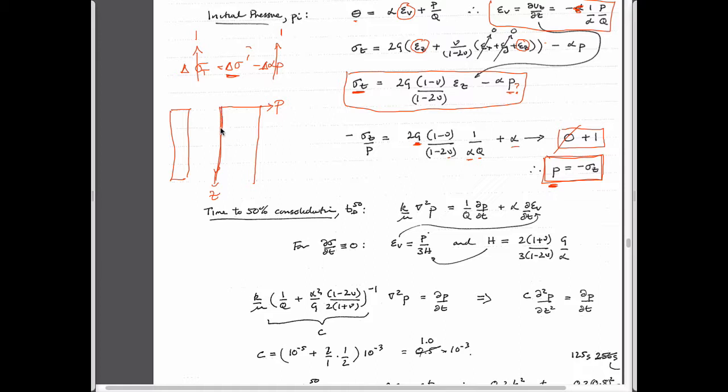So maybe the initial pressure is just 0. We apply a stress of sigma z, and the pressure goes up to that magnitude. But typically on the top boundary, one common condition to apply is to have 0 flux going out of the bottom, and to have this pressure here set to the atmospheric boundary condition, the original boundary condition, which requires that it modifies.